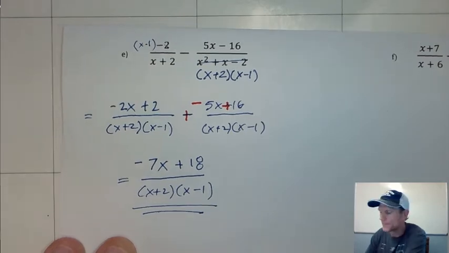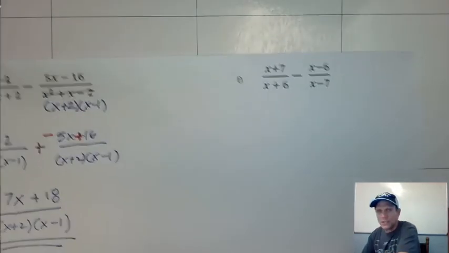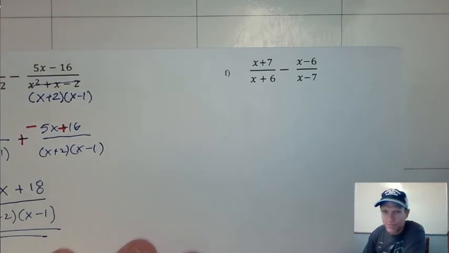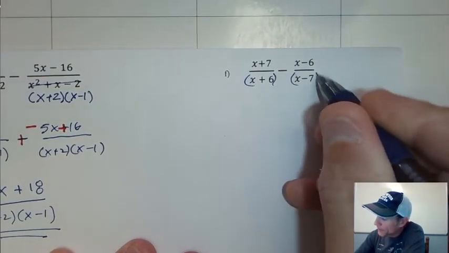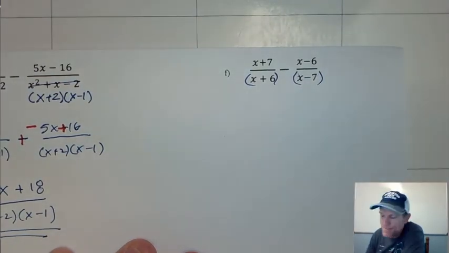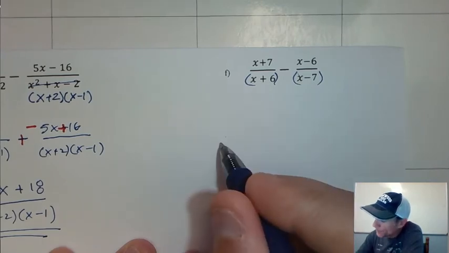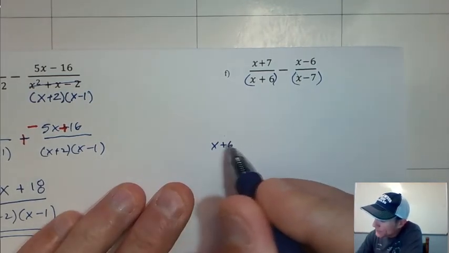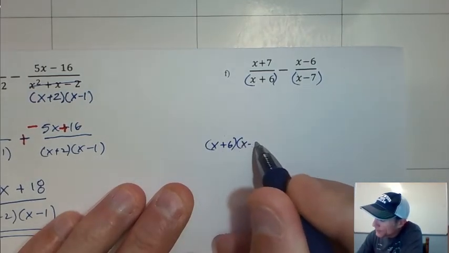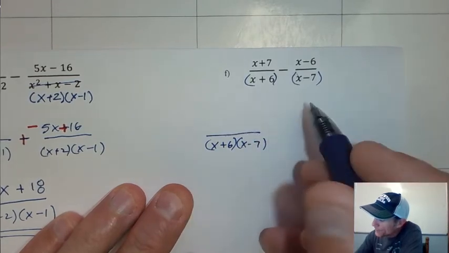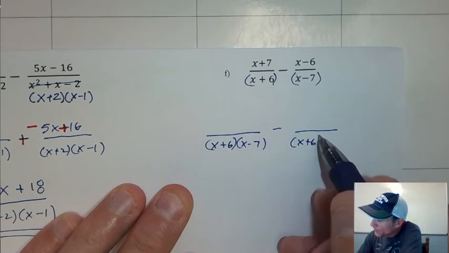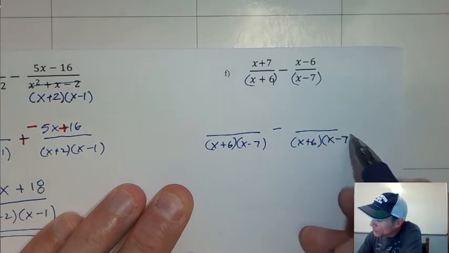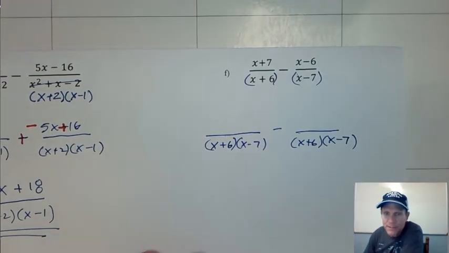So looking at this last one here, F, I spot the binomial x plus 6 and the binomial x minus 7. And it's a subtraction problem, so I need a common denominator. So I'm going to write down x plus 6, x minus 7, setting this nicely up so I can make my common fractions.